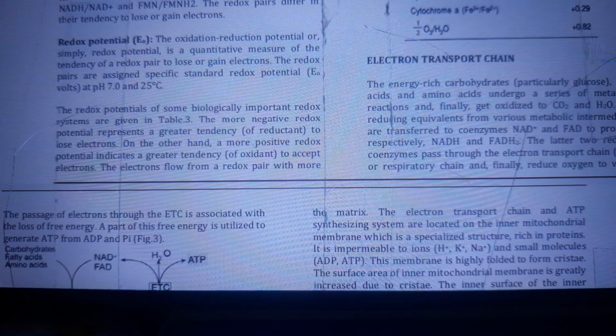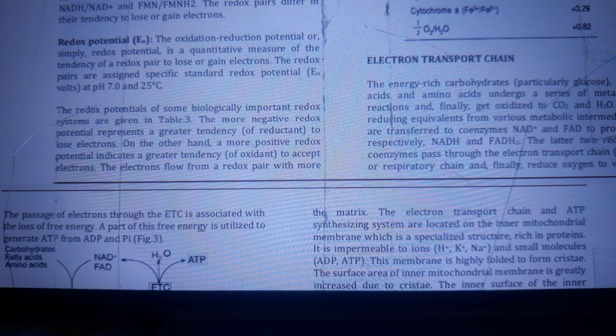The redox pairs differ in their tendency to lose or gain electrons. Redox potential, E0. The oxidation-reduction potential, or simply redox potential, is a quantitative measure of the tendency of a redox pair to lose or gain electrons. The redox pairs are assigned a specific standard redox potential, E0 volts, at pH 7 and 25 degrees centigrade. The redox potentials of some biologically important redox systems are given in Table 3, as seen here.